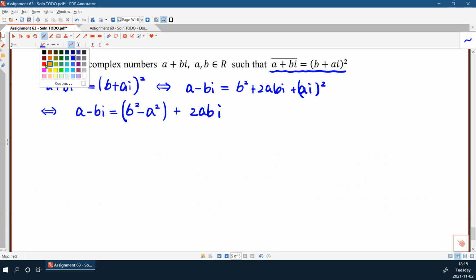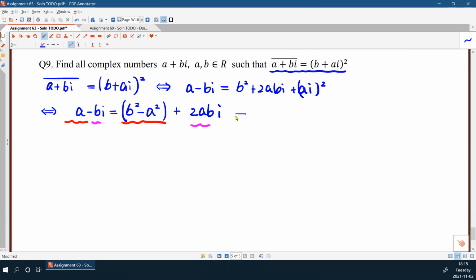And as you can see here, you have two equal complex numbers. If two complex numbers are equal, that means the real part should equal the real part, and the imaginary part should equal the imaginary part, right?